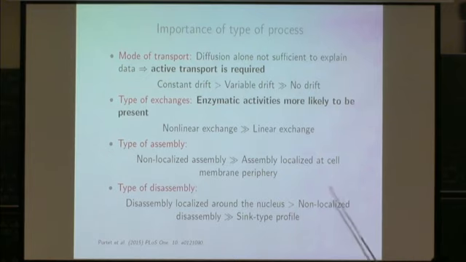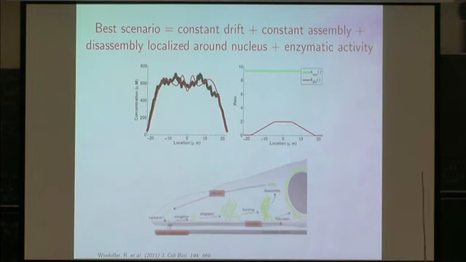For now, regarding the assembly and the disassembly, I'm going to speak about the best scenario, which has a very high probability in comparison to the others. So we have constant drift. We have a constant assembly all over the cell.